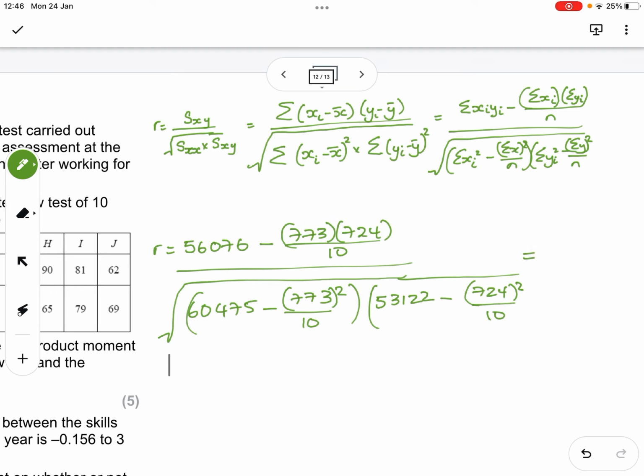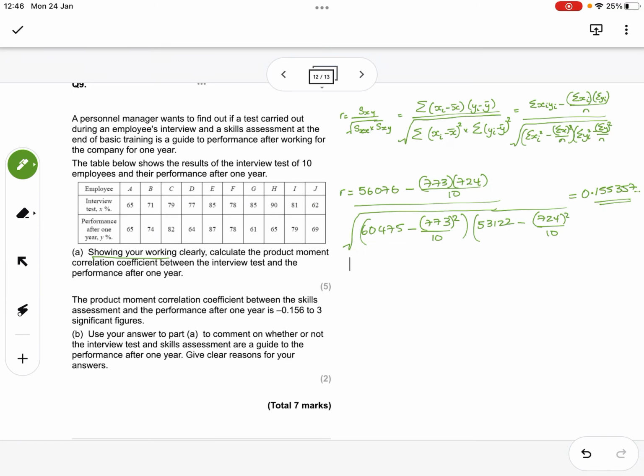And that, believe it or not, ends up giving me an answer for r of 0.155357. So that's quite a thing, but it gives you 5 marks, which is really quite useful.